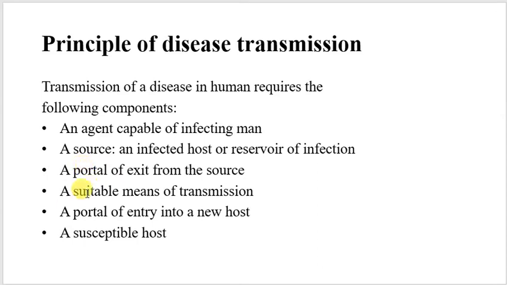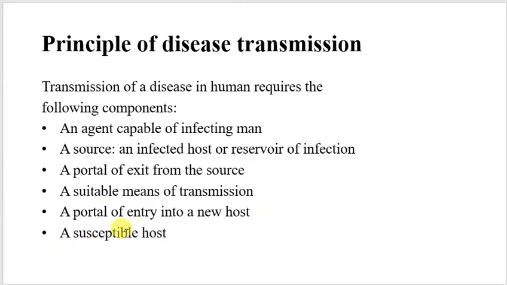And then we have a suitable means of transmission. It can be through aeration, it can be through skin penetration. It can be either way in which the agent capable of causing infection moves from the source to the host. And then you have the port of entry. This is the way in which an agent capable of causing infection enters the host to be infected. And then we have the susceptible host.